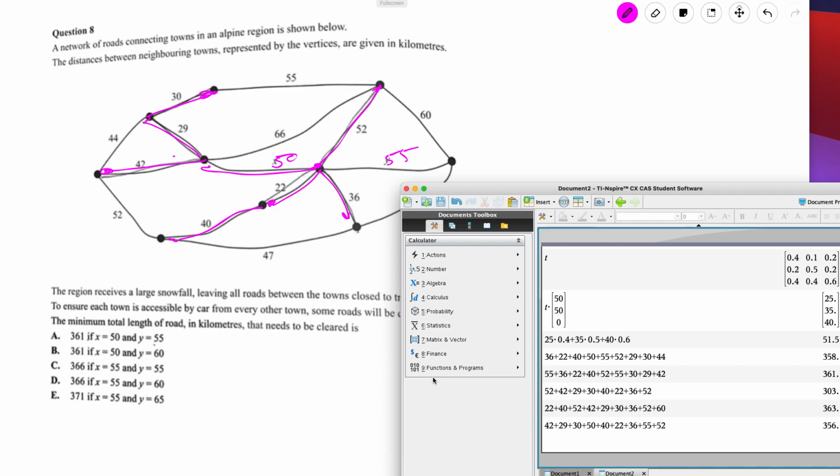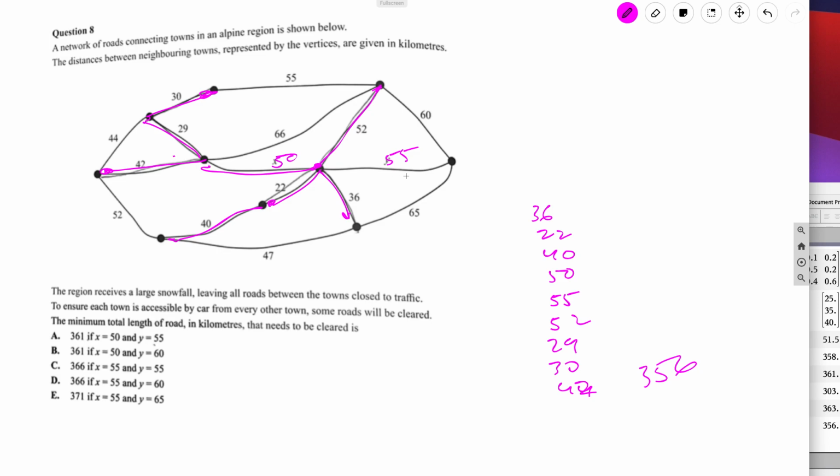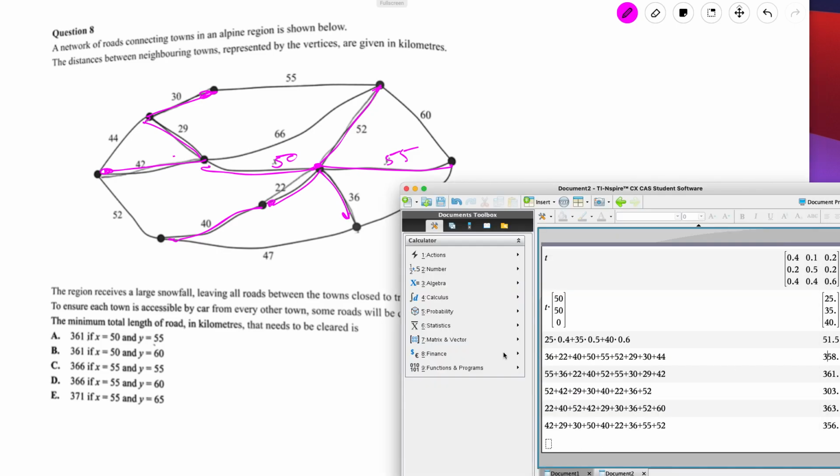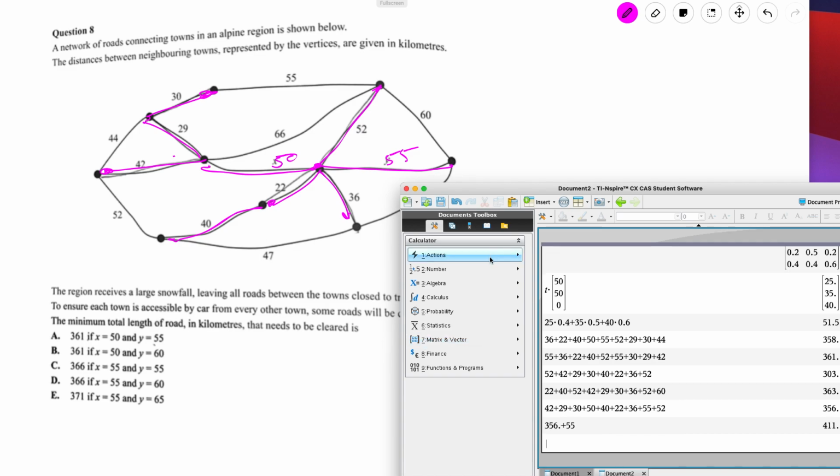It's definitely not it. Oh, hold up. I haven't connected this one. And the shortest path to that is 55. So plus 55 gives me 411. Something is surely wrong.